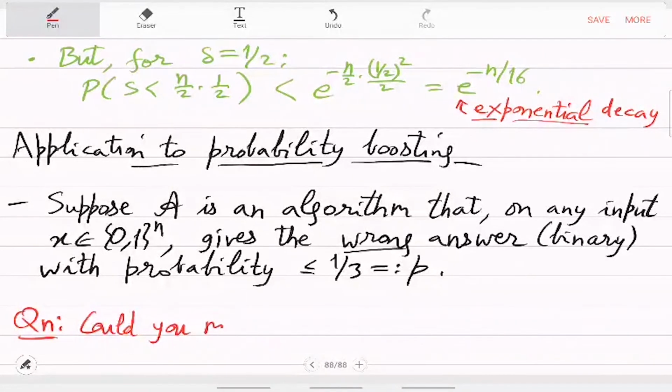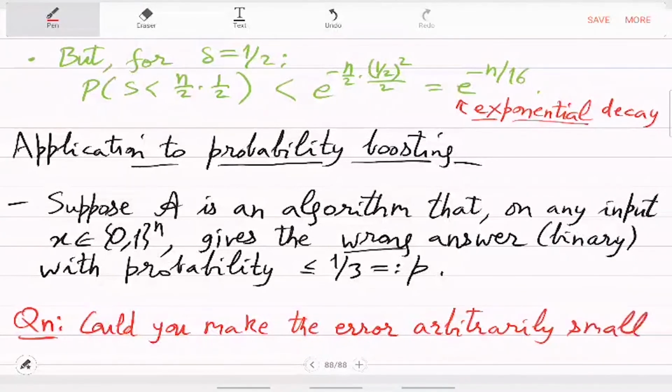So, could you make the error arbitrarily small? Okay, as small as you want. The more time you have, the smaller error you want to make.